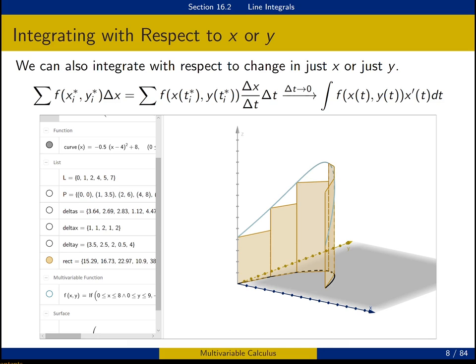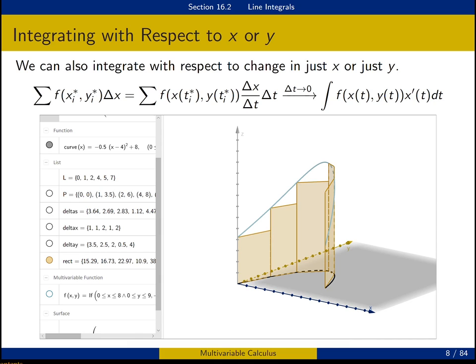Again, if we want something that we can actually integrate in terms of t, which is the variable of our curve, we can substitute in x of ti and y of ti, and we can divide by delta t and multiply by delta t. Taking a limit as delta t goes to 0, this gives us the integral of f of x of t, y of t, but instead of being multiplied by the length of the tangent vector, it's just multiplied by the derivative of the x component function.